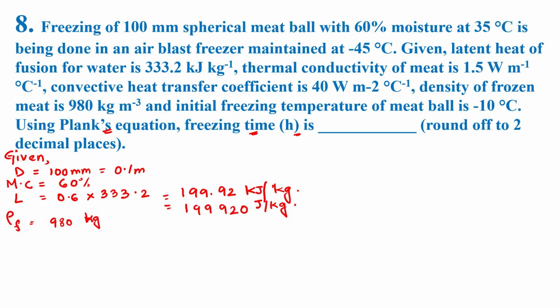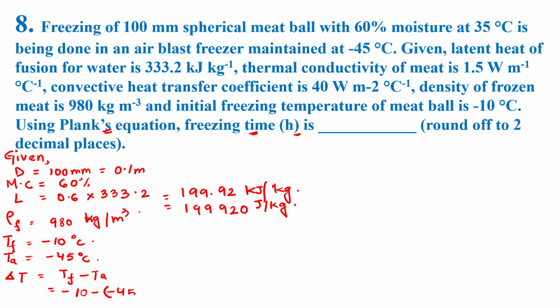Initial freezing temperature, that is TF, is minus 10 degrees Celsius, and freezer's air temperature, that is TA, is minus 45 degrees Celsius. So temperature difference will be TF minus TA, that is minus 10 minus of minus 45 degrees Celsius, which is 35 degrees Celsius.